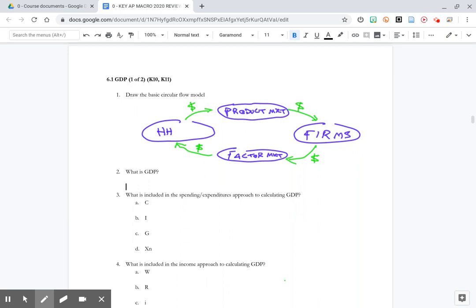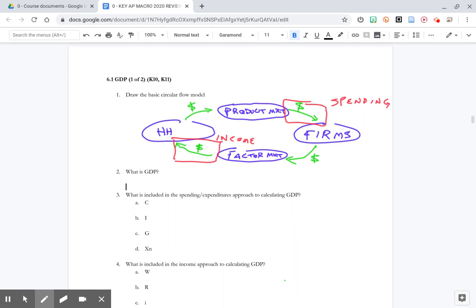And so in our most simple model of the circular flow, we established that there's this symbiotic relationship between households and firms, and that if we were to pause the money flow and then count up the money flow at one point, and say all the spending in the economy, or if we were to pause all the money flow here and say this is all the income that households earn, then those are simple ways of figuring out how much economic activity is taking place.